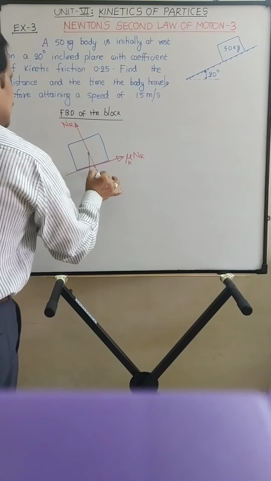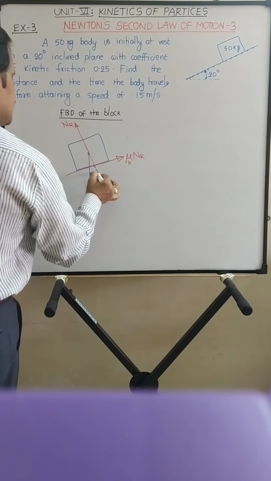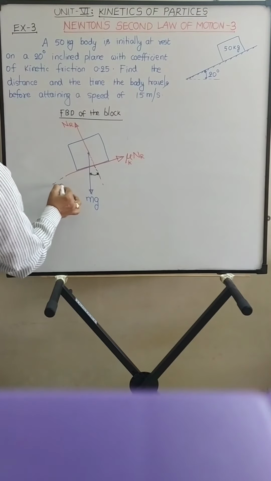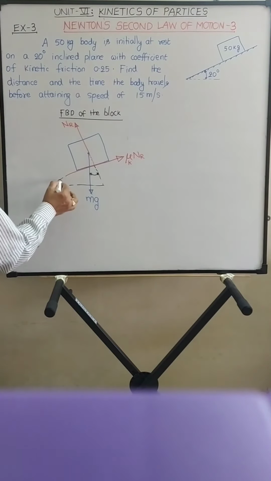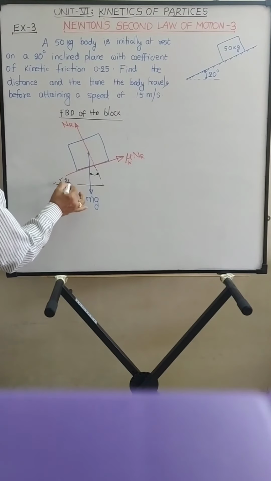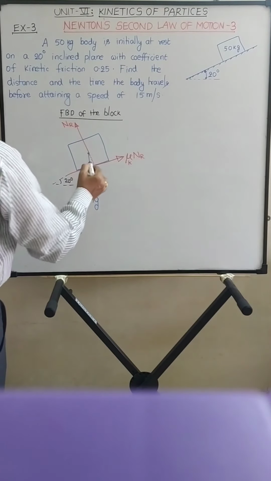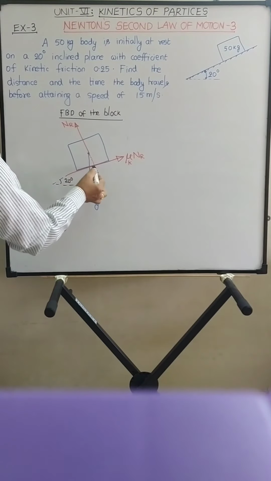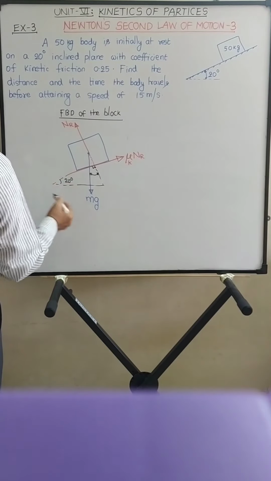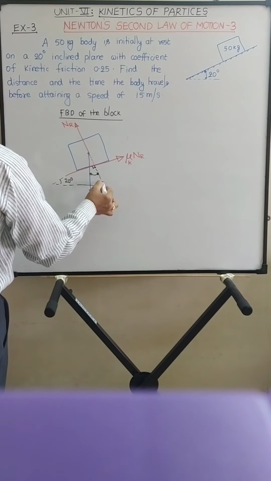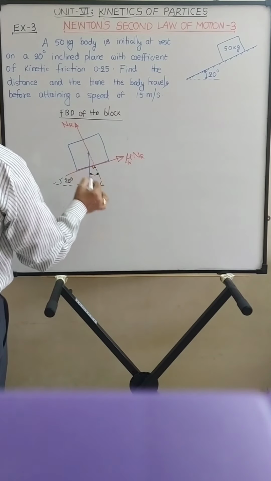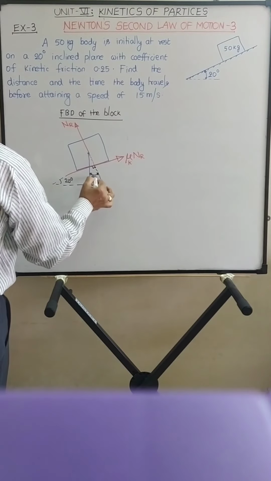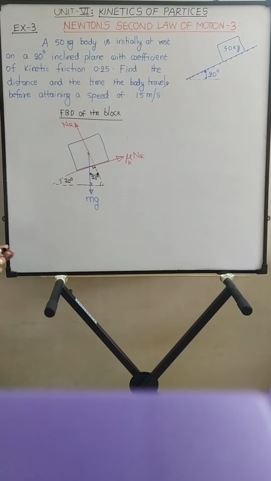So what is the angle made by this mg with respect to normal? See here, it is given 20 degrees. So it is 90, since the normal reaction is perpendicular to the plane. So 90, 20, and it is 70, and hence again here it is 90. Therefore it is 20 degrees.